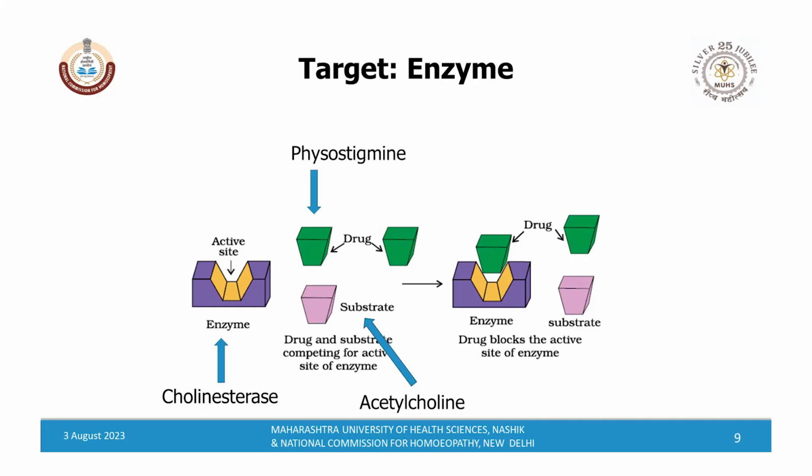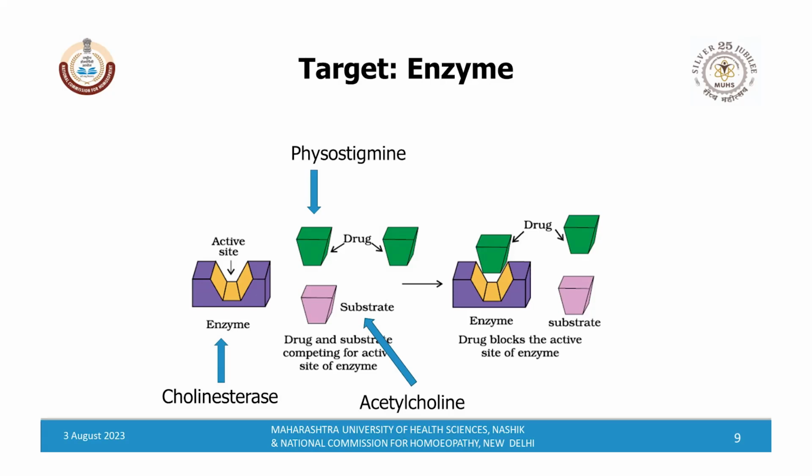Let me explain using an example. Cholinesterase is an enzyme. Acetylcholine, a neurotransmitter involved in many important functions, is its substrate. When acetylcholine attaches to cholinesterase, the cholinesterase enzyme degrades acetylcholine.